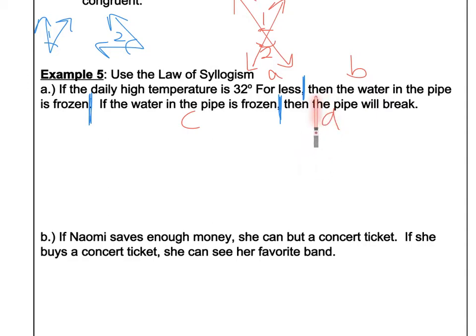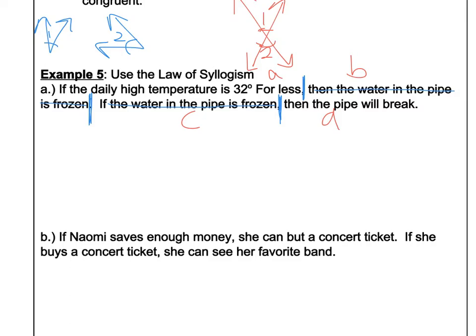Right here where it says, then the water in the pipe is frozen, and then it says, if the water in the pipe is frozen. So B and C are both talking about water in the pipe being frozen. If we take that out, then we just have A and D left.